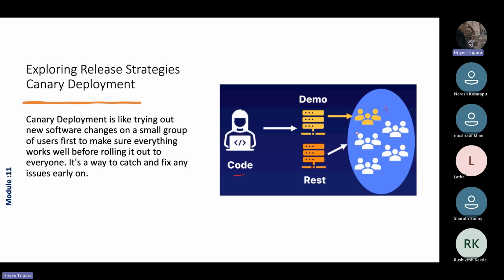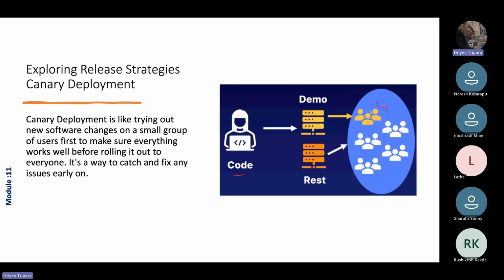So this is the reason why they deploy the application to a certain group or set of users, so that only that set of users is affected. If there is any issue, it will affect only that many people, not everybody, because the others will still be using the old version of the application. That means the new version is available only to a specific set of users.